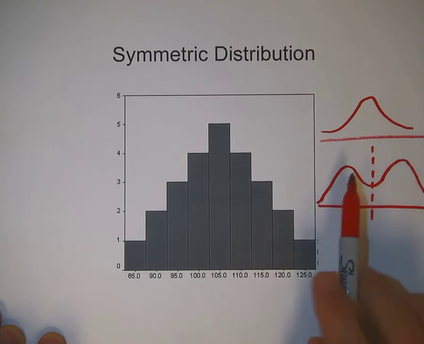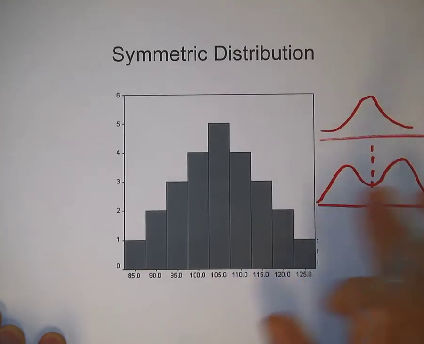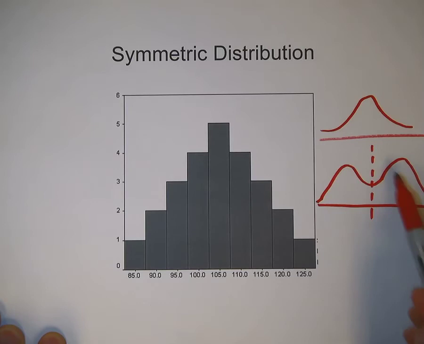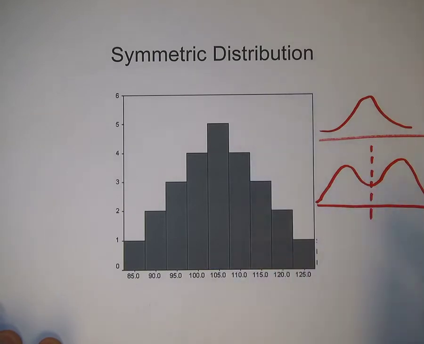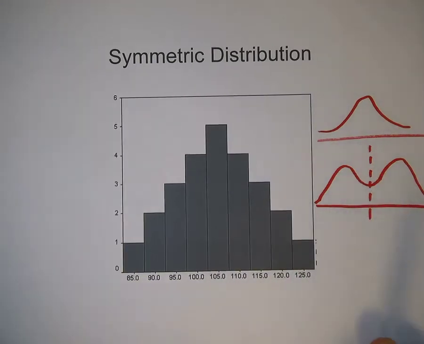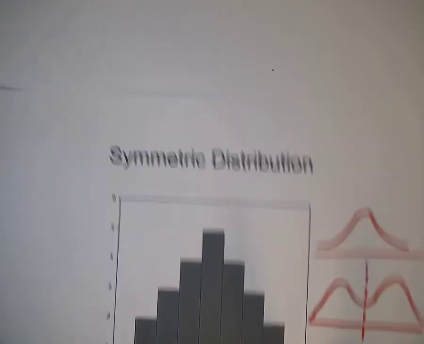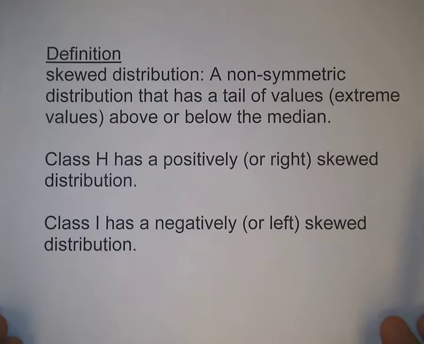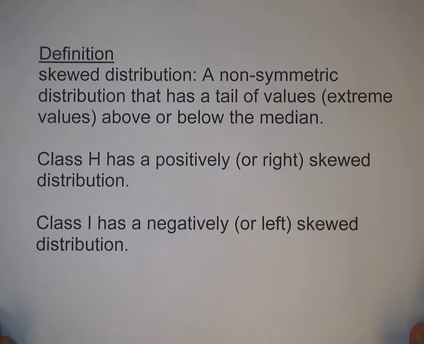So this one would be symmetric because these 2 peaks are in about the same spot on the other sides of the line. So you can have lots of different symmetric distributions. The key, though, is just to make sure that you have the same thing on each side of this middle line.